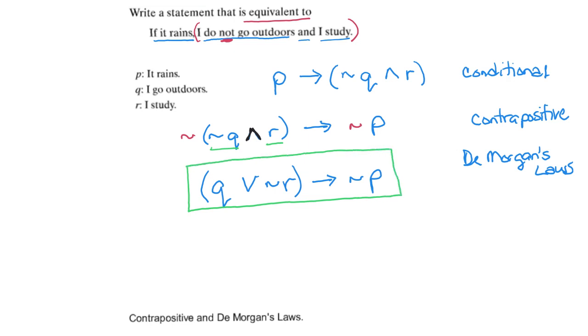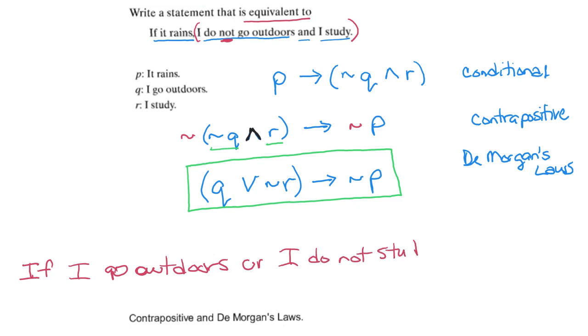Now what we need to do is to take this equivalent form and change it into words. So since this is a conditional, I will start with if Q, which is I go outdoors, or we're doing not R, I do not study, then not P. Then it does not rain.